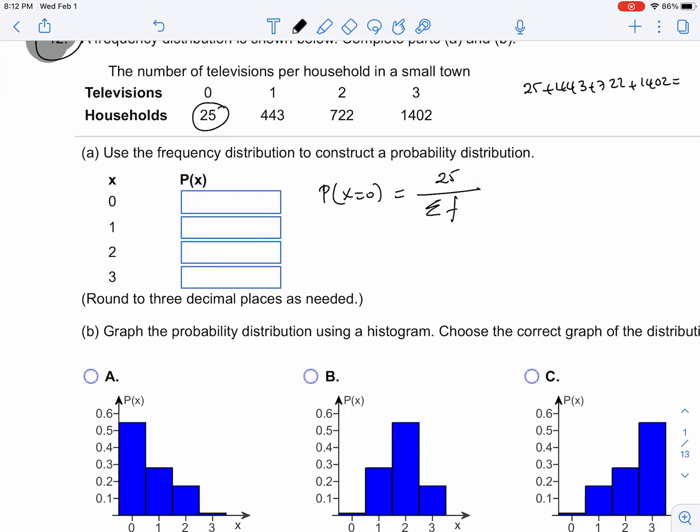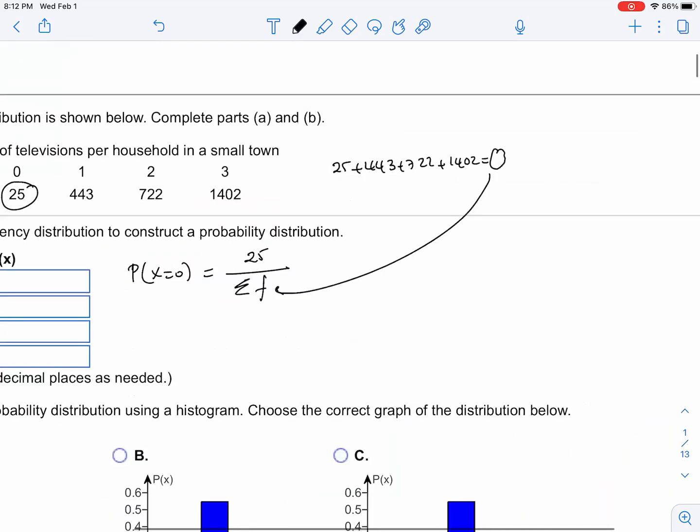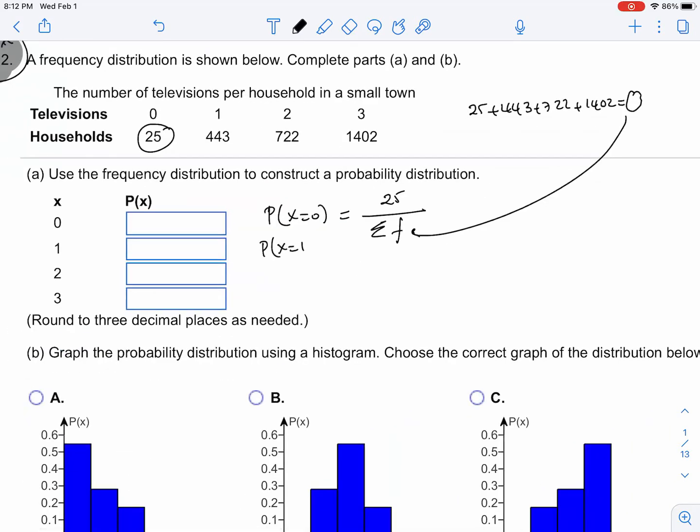Whatever that number is, I will plug it at the bottom. And that's how I will find the probability of X equal to 0. I'll do the same thing for P of X equal to 1. That will be 443 divided by the sum of F, the frequencies. P of X equal to 2, I'll do 722 divided by the sum of F. And finally, P of X equal to 3, I'll do 1402 divided by the sum of F.